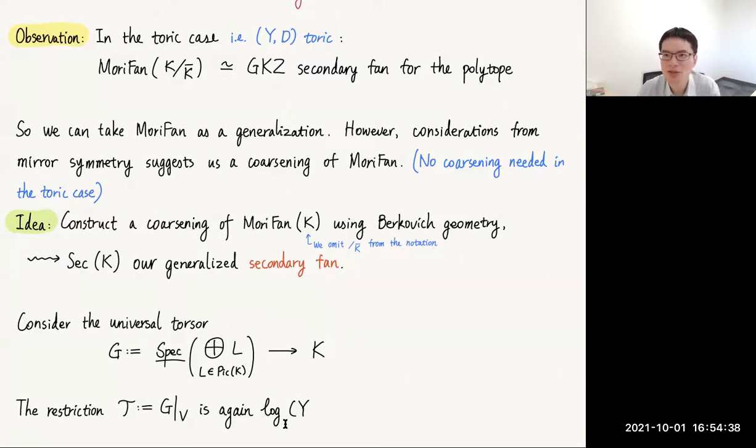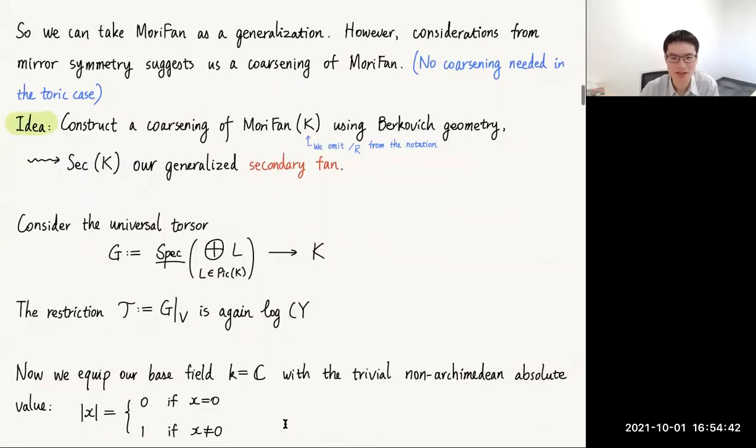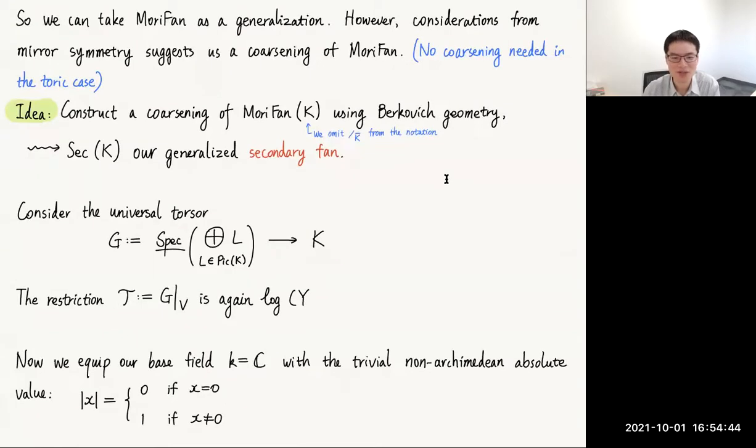And in order to bring non-Archimedean geometry into the picture, in order to use Berkovich geometry, now we just equip our base field. Yeah, I didn't say what our base field was. It was just the complex numbers. We were doing complex algebraic geometry.